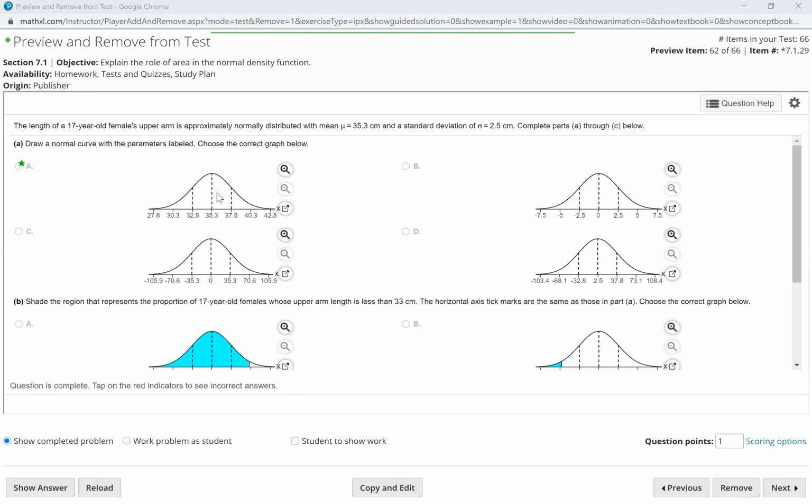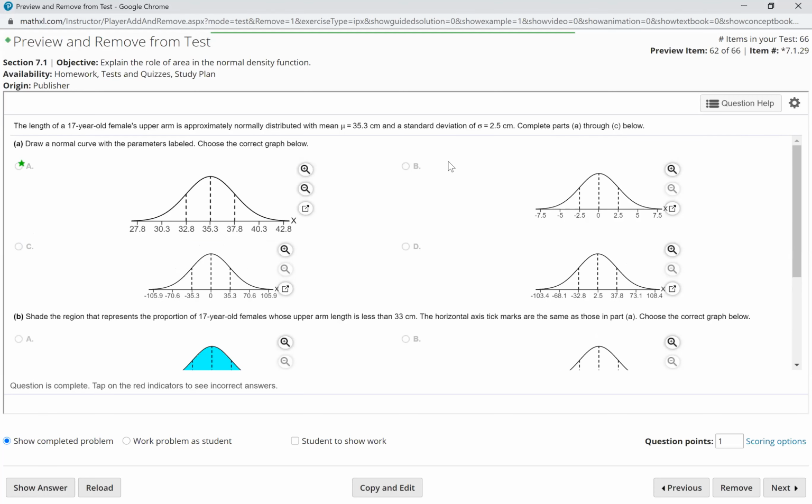It's between this and the other, and it has to have a standard deviation of 2.5. And you add 2.5 three times, you will get almost to the end of the curve. So look, 2.5 plus 2.5 plus 2.5, guys, that takes you there. So this is the one. You can zoom in like this to see more of that.